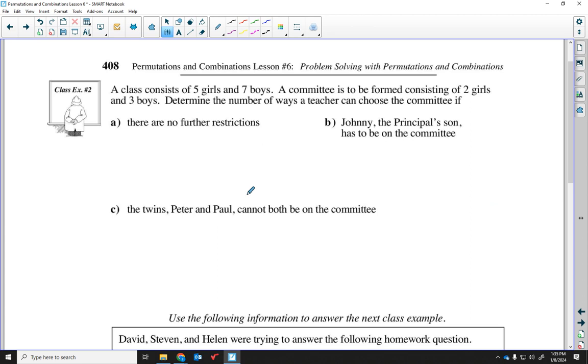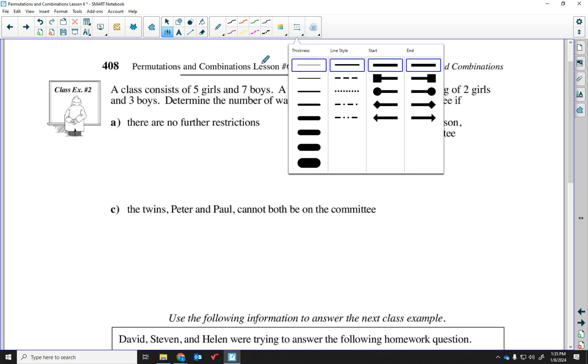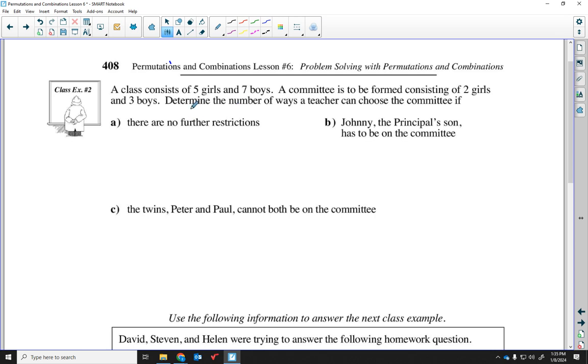So the idea with this one is that we need to have 2 girls. We need to have 3 boys. So if I want to word this, I can say of the 5 girls, we're going to choose 2 of them. And of the 7 boys, we're going to choose 3 of them.